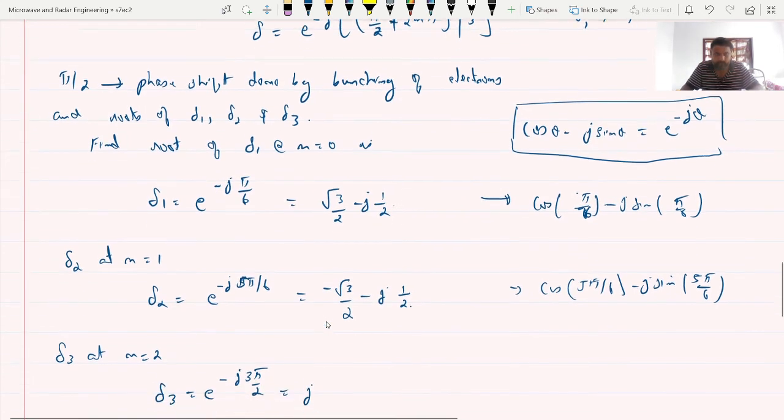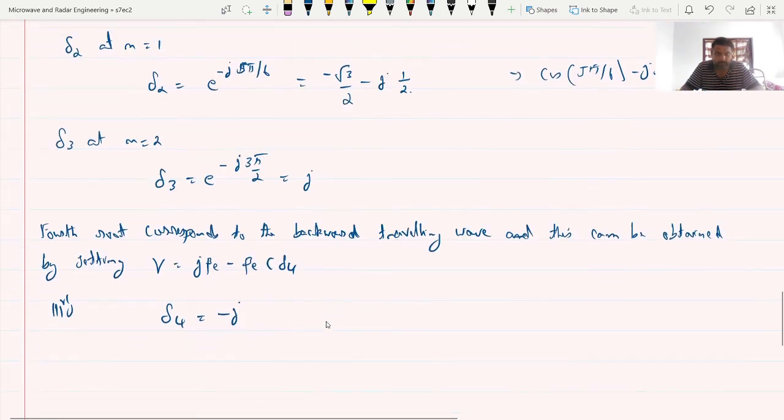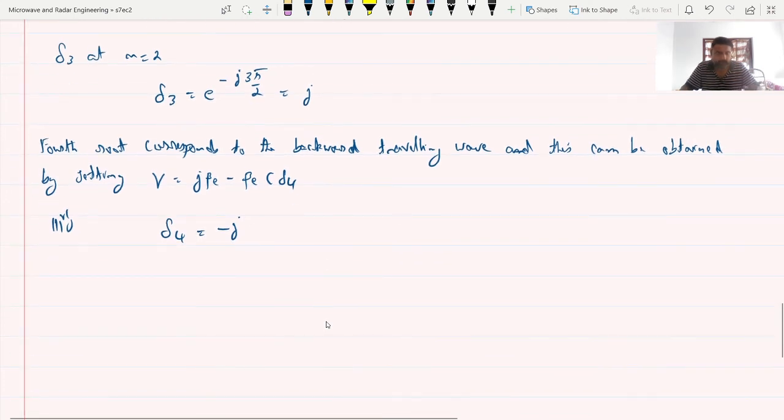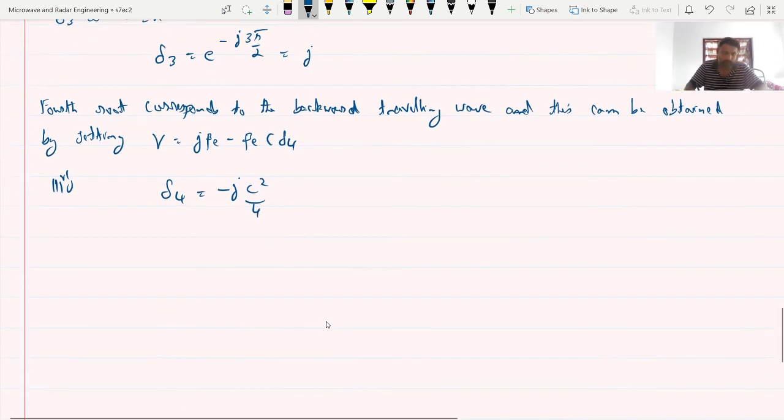So the fourth root corresponds to the backward traveling wave, and this can be obtained by setting gamma equal to minus j beta I minus beta I c into delta 4. From here delta 4 can be written as minus j c square by 4.